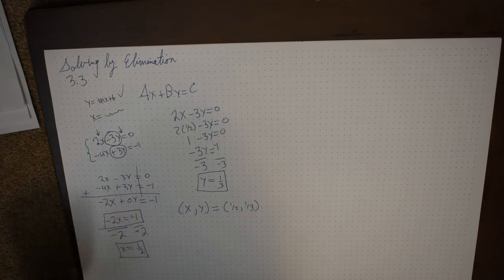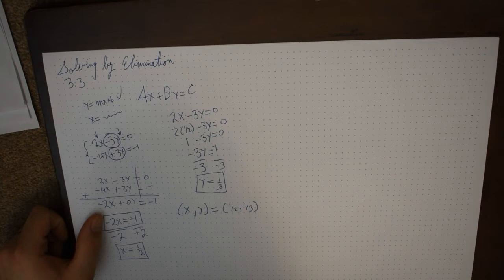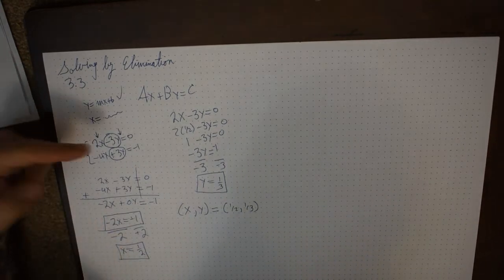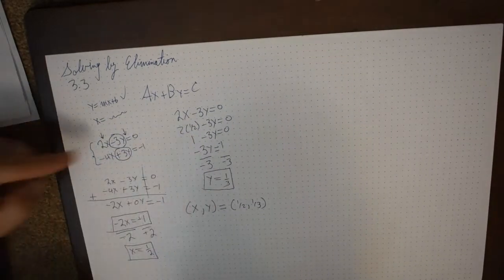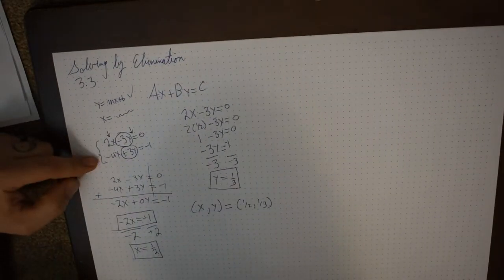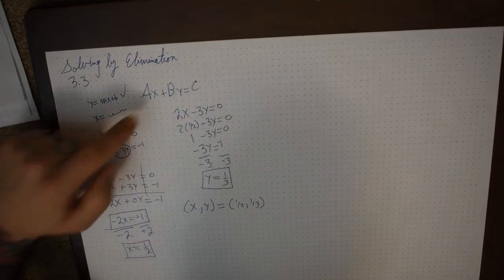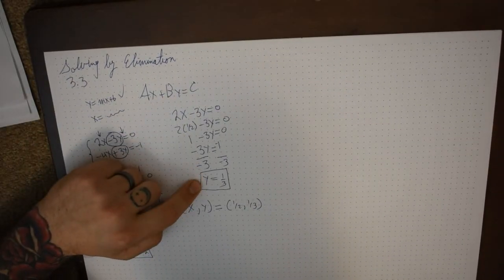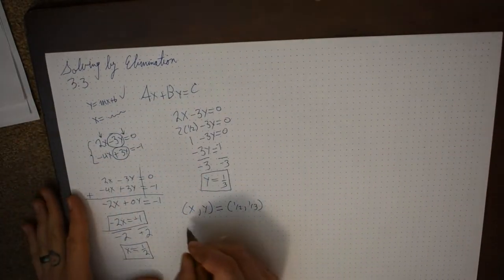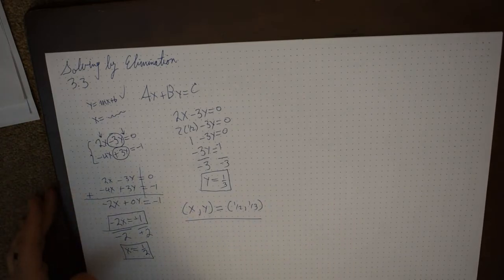You're eliminating one of the variables. You're left with one equation and one unknown. You solve for that variable. Once you have its value, you plug it back into either of the equations. We chose the first one. We could have done the second one. And you solve for your second value. And remember, our solutions are points.